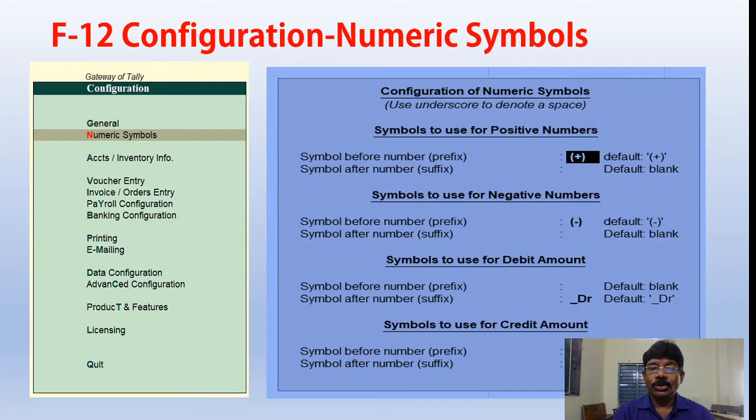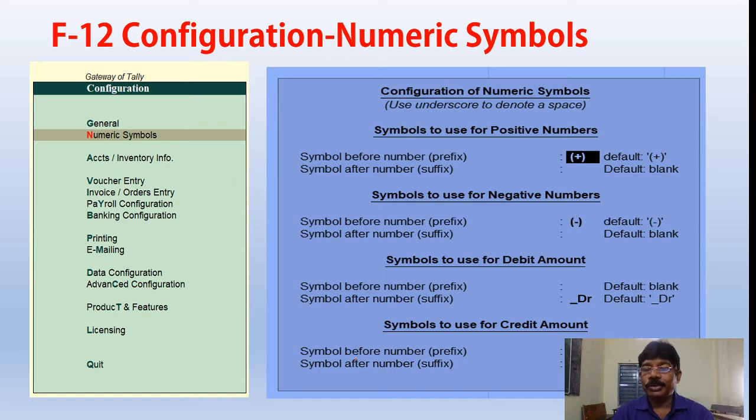Then coming to the numeric symbols. How are they to be displayed? Positive numbers: if I put a plus mark, then automatically plus will come. And if I need a plus symbol after that amount, I can put that option, yes.